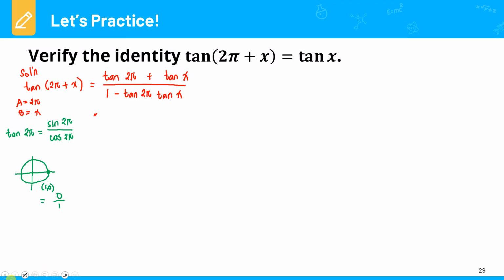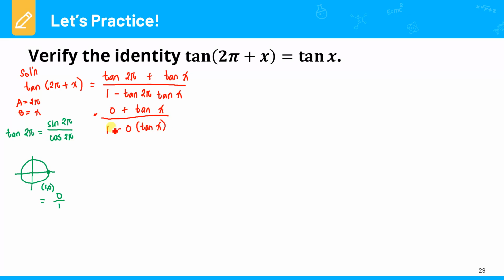So we can replace tangent theta with 0, plus tangent x over 1 minus tangent 2 pi, which is 0, times tangent x.